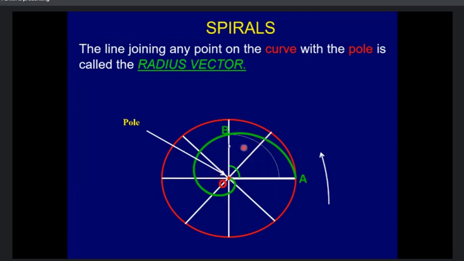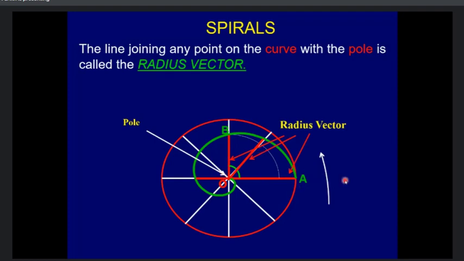All these are the radius vectors. As you can see in red color, connecting O with A, O with B, all these red lines are radius vectors. So a radius vector is any point on an Archimedes spiral connected to the pole. Any point on the Archimedes spiral you connect with the pole, that will give the radius vector.